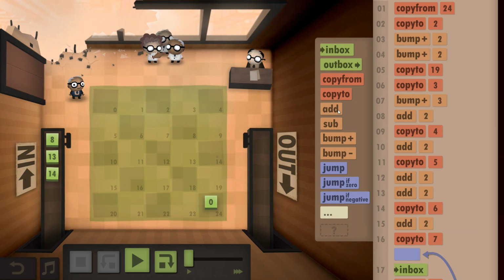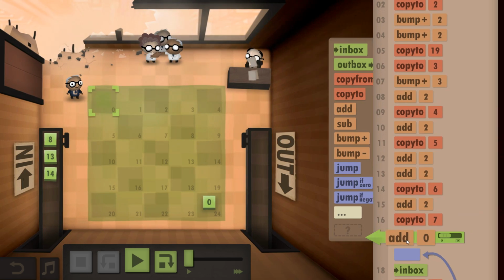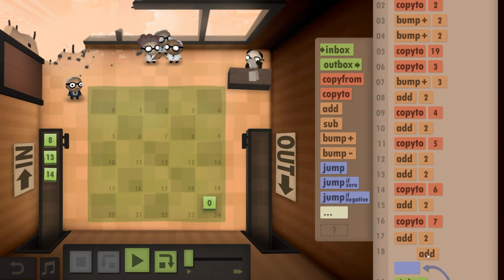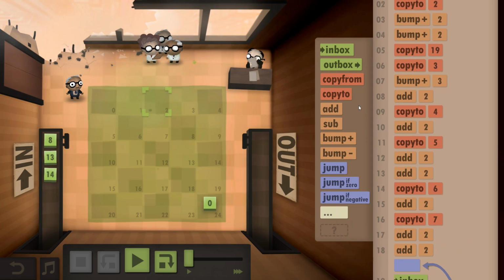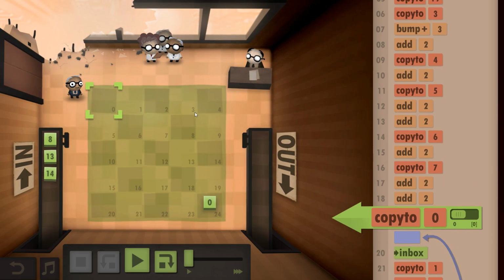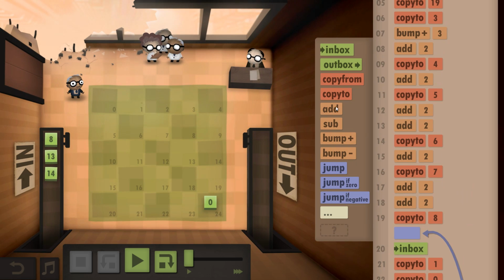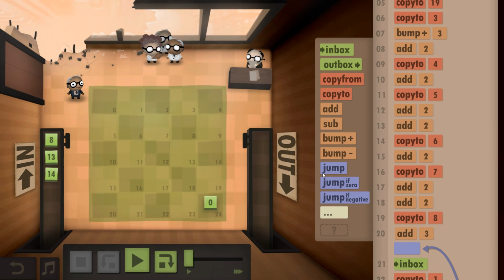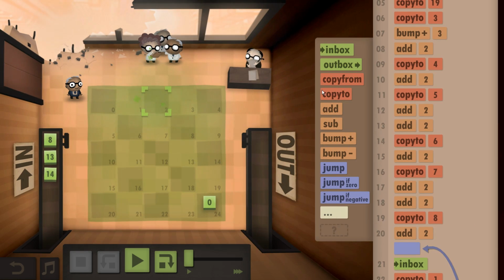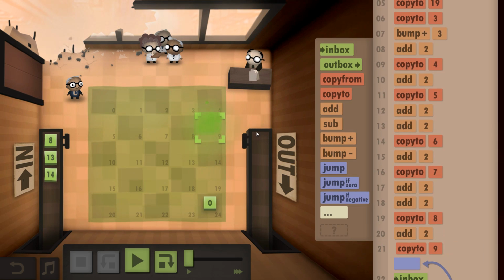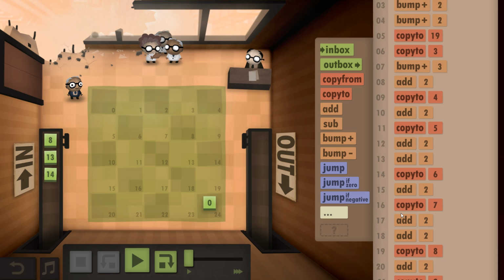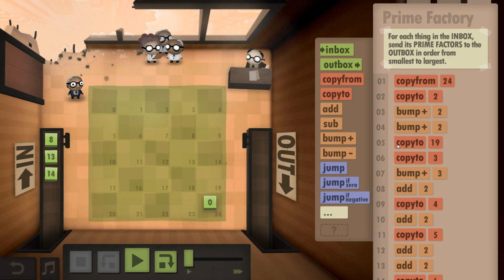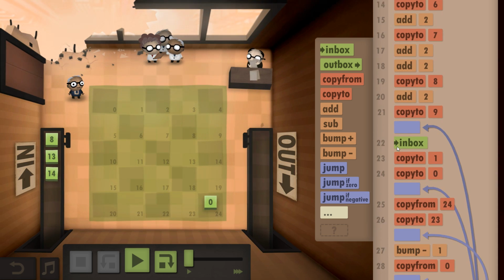So 13, and then I do add 2, I guess. Copy 2, 8. Add 2. No, 2. Copy 2. 9. Yeah, 21 steps with the counter thing that I set up too. It was 20 steps for just that, and then plus 1 for the counter.